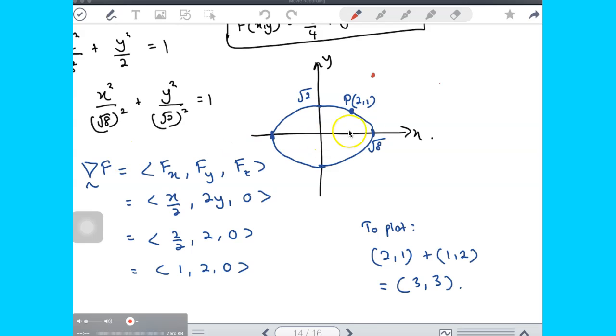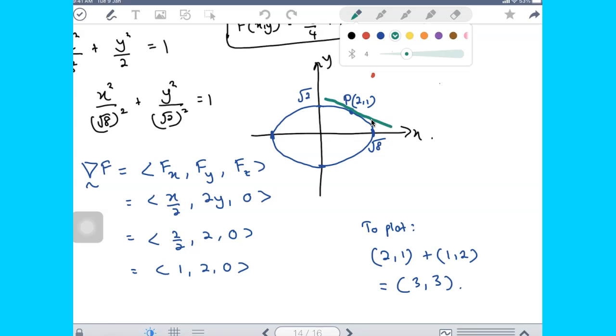So if you want to sketch where the normal is, normal to the tangent, imagine you have a tangent line at this point, and the normal should point to the side. So that is your normal vector, not the unit normal, but just a normal vector.